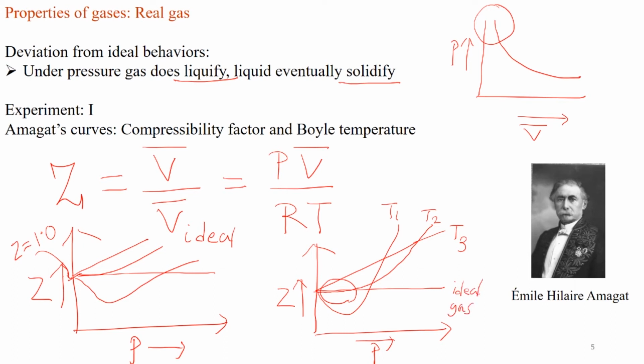Also note that this region is only when the pressure is almost 0. The temperature at which this behavior is observed is known as the Boyle temperature, which we denote as T_B. So in this case, according to this drawing, T2 is the Boyle temperature.